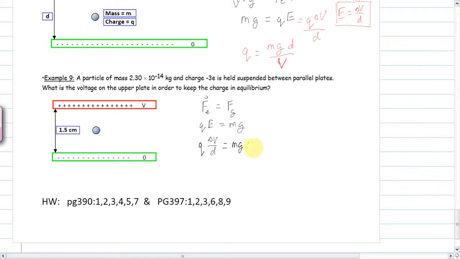And rearranging this formula, we get the voltage is equal to mgd over q. So we plug in the numbers. The mass is 2.3 times 10 to the negative 14th.